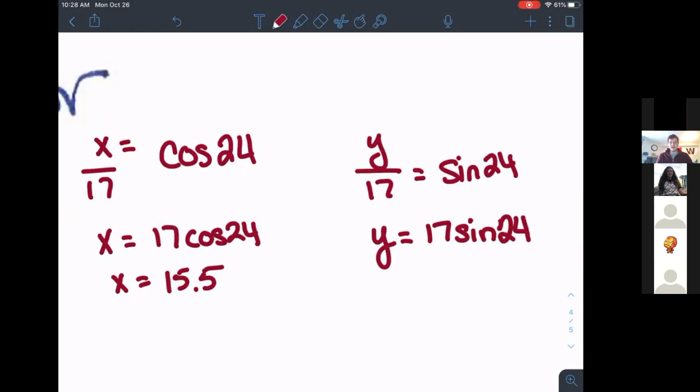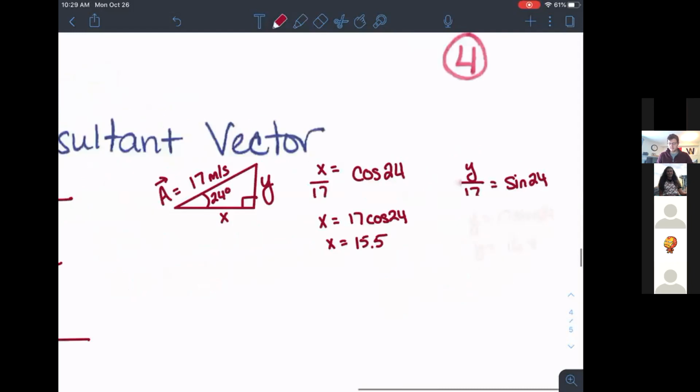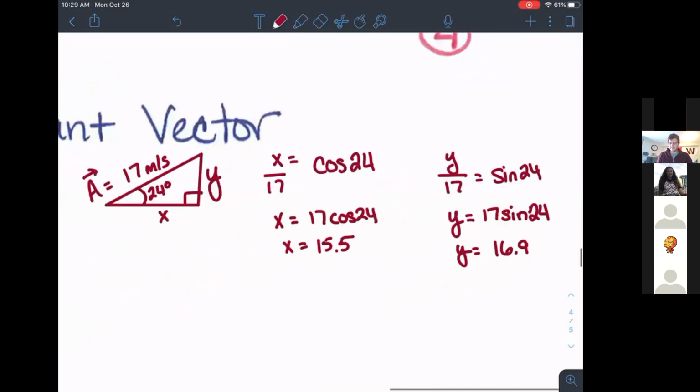And last but not least, what does my y equal for vector A? 6.9. Awesome. All right.